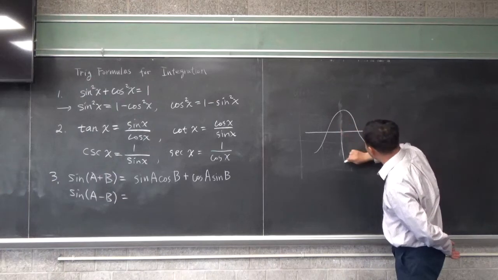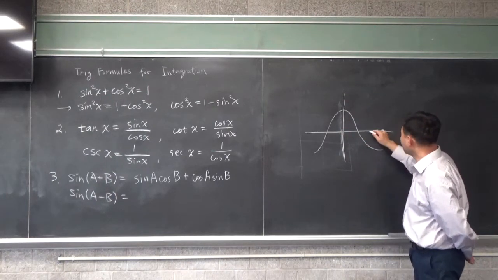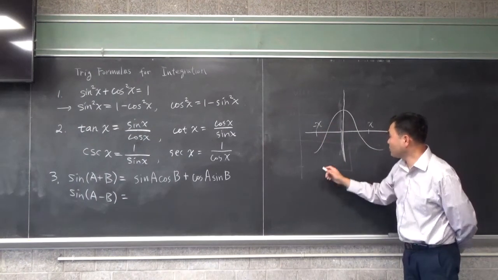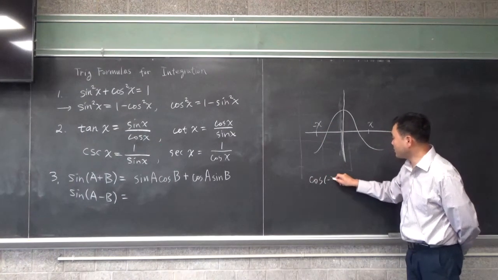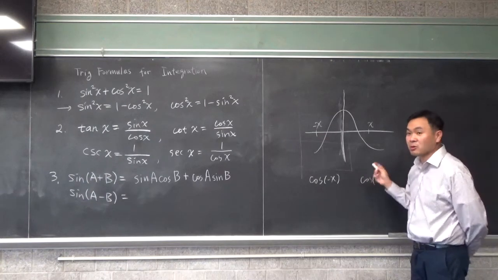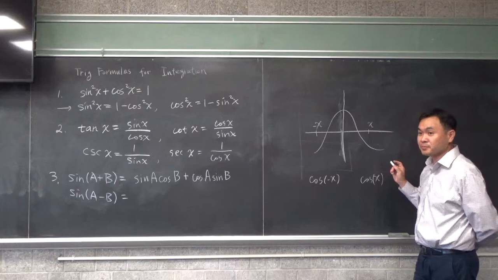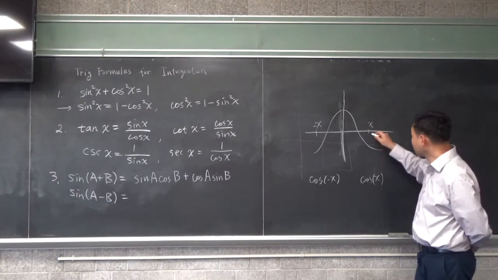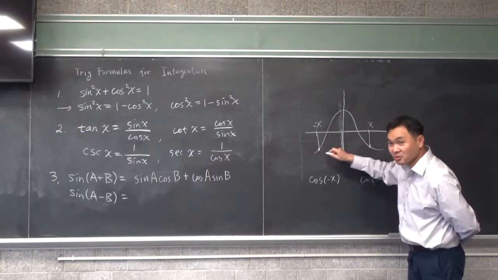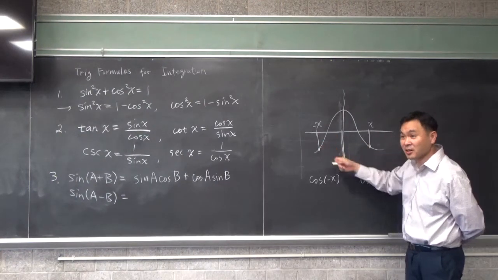If you have x and negative x, what can you say? Cosine of negative x and cosine of x, are they equal or of opposite sign? They're of the same sign, right?